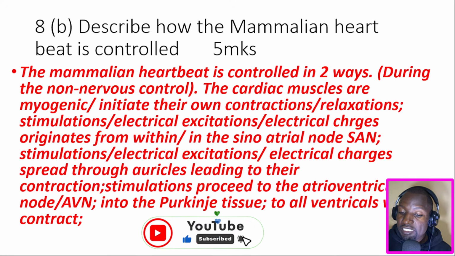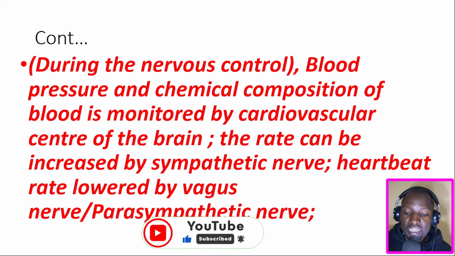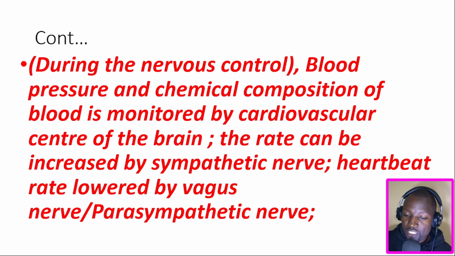Now, there's also the nervous control. During the nervous control, blood pressure and chemical composition of the blood is monitored by the cardiovascular center of the brain.